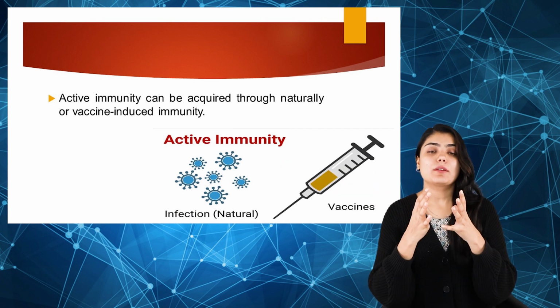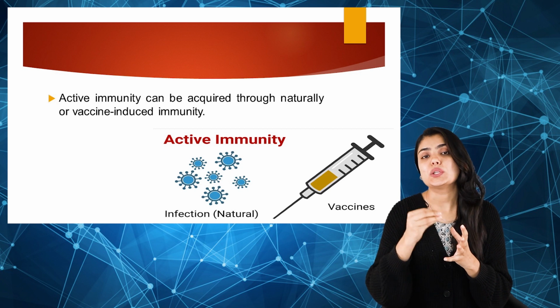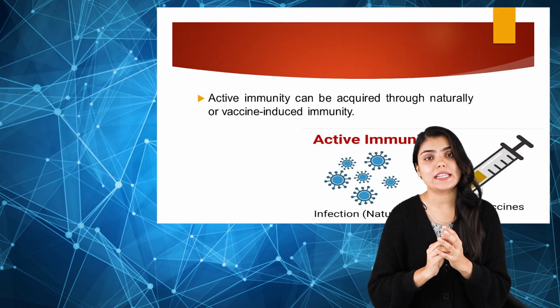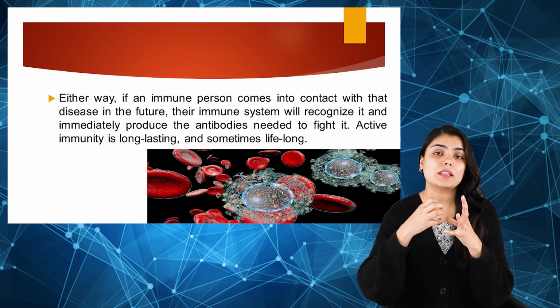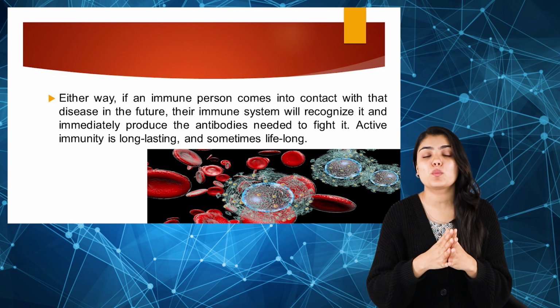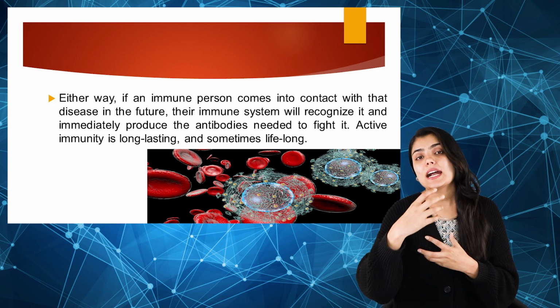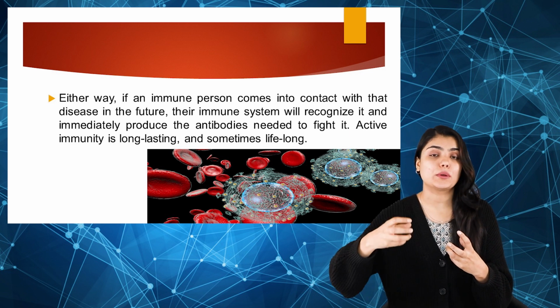Active immunity can be acquired naturally, or it can also be vaccine-induced active acquired immunity. Either way, if an immune person comes in contact with the pathogenic organism in the future, there will be immediate response of the immune system, and our immune system will start producing the antibodies towards that particular disease.